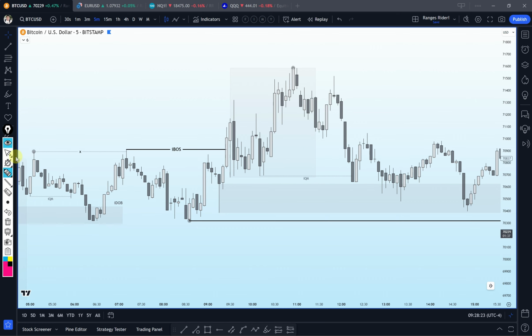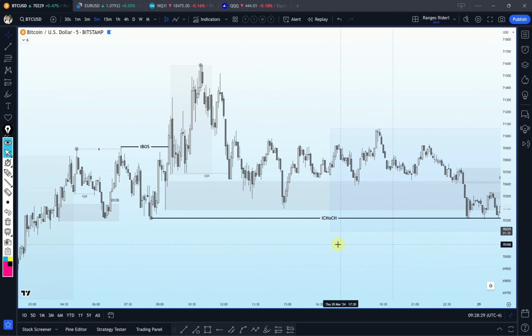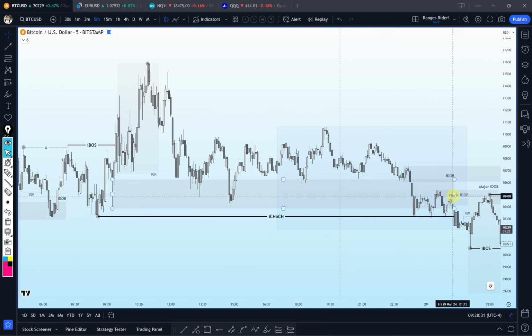And now from the internal QM, we are looking for the internal DOB. So we have the internal DOB, this one. The market took some bounce off of the internal DOB, and then it made another change of character.